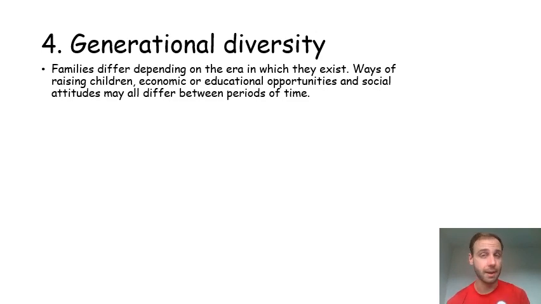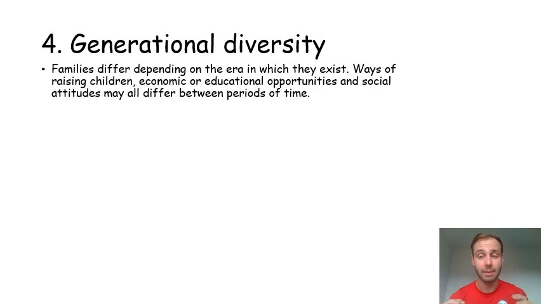Because older generations often have much more traditional views about the family, much more traditional views about what family time should be like, whereas younger people tend to view friendships as equal or sometimes more important than family time.